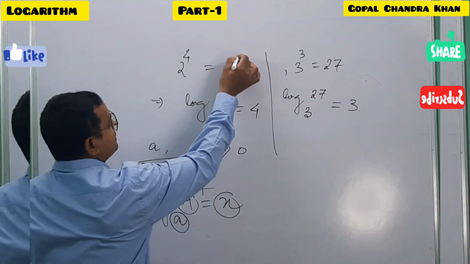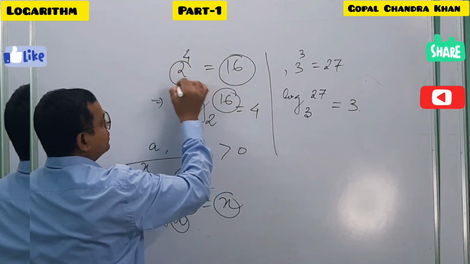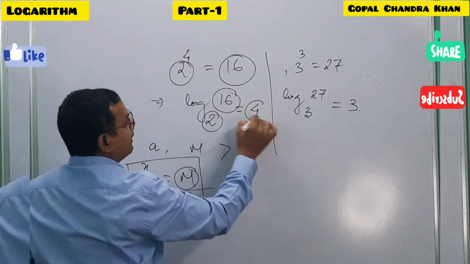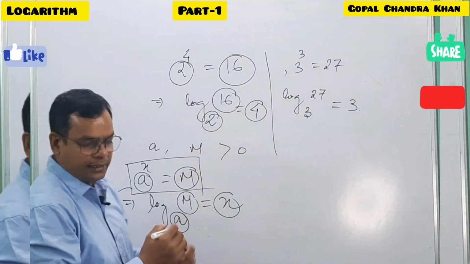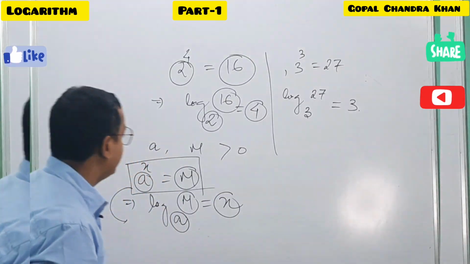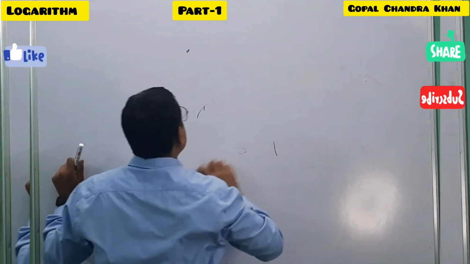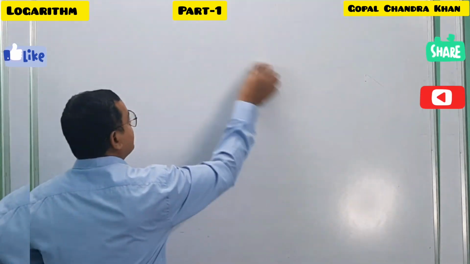That means 16 is acting like m, it's coming here, and this 2 is coming as the base, and the power becomes the value of this logarithm 16 base 2. Okay, let me show some more examples like that.